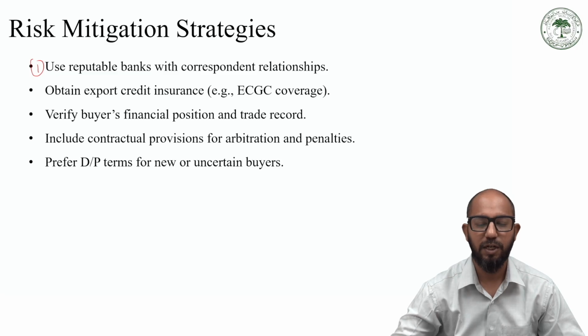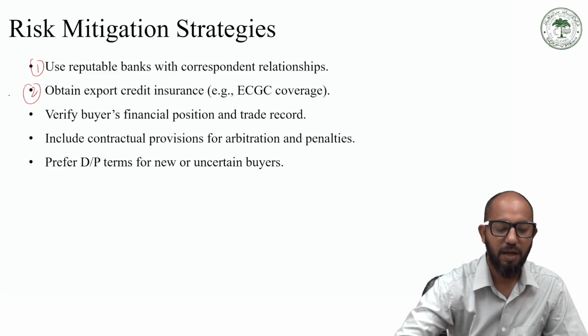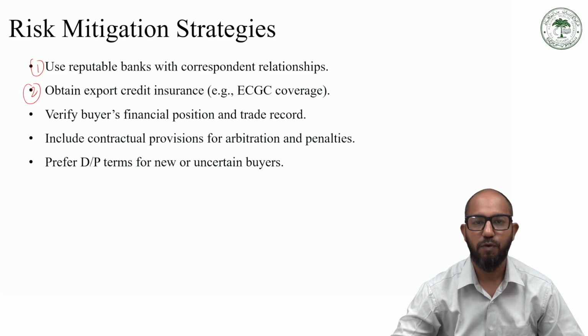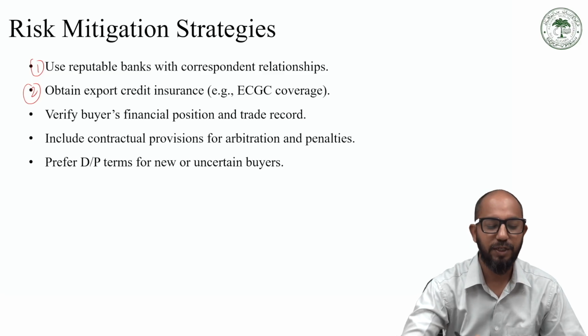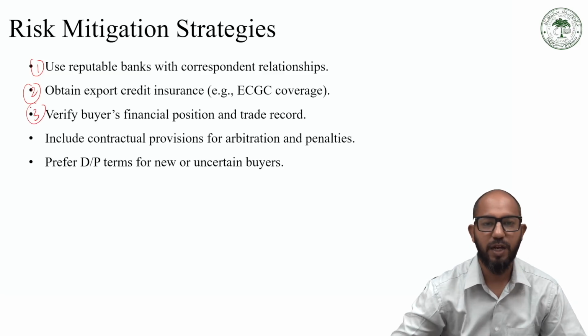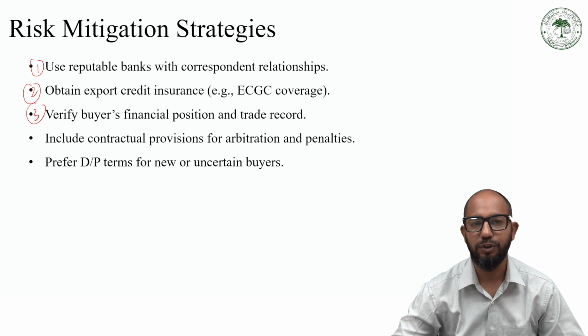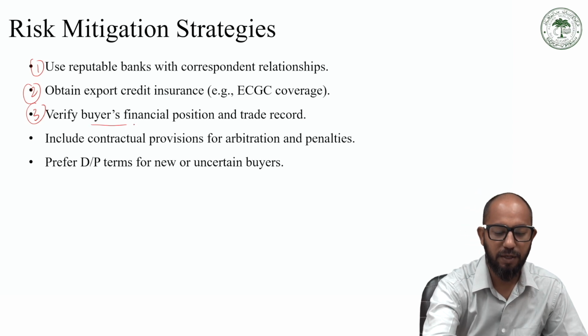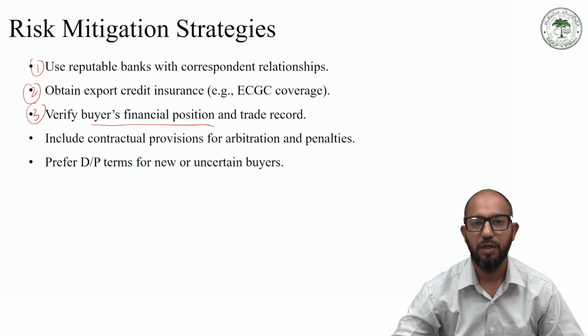The second mitigation strategy is to obtain export credit insurance, for example, the ECGC coverage. The third mitigation strategy is to verify the buyer's financial position and trade record. This is very important because knowing the buyer's financial position tells whether the buyer will default or not. Also, if the buyer is already in some kind of financial strain, the possibility of defaulting can be higher.